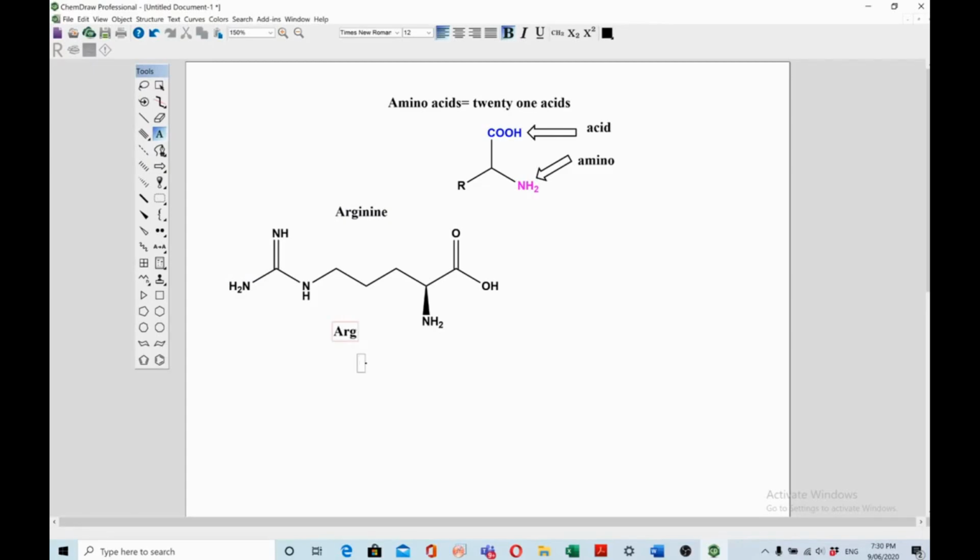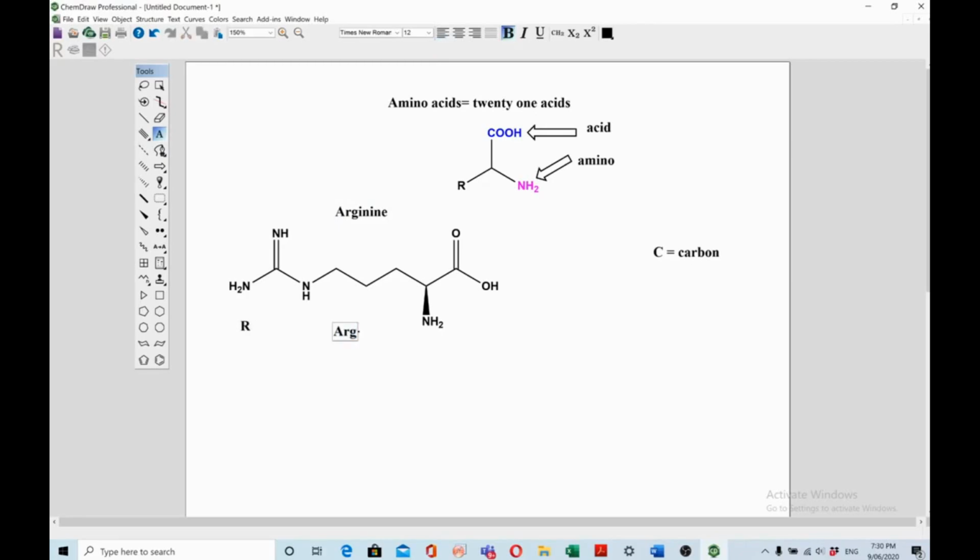There's also a unique code for every single amino acid, that is the 1-letter code. Like in the periodic table, if you see C, you call it carbon. Here R is the 1-letter code for arginine, and ARG is the 3-letter code.